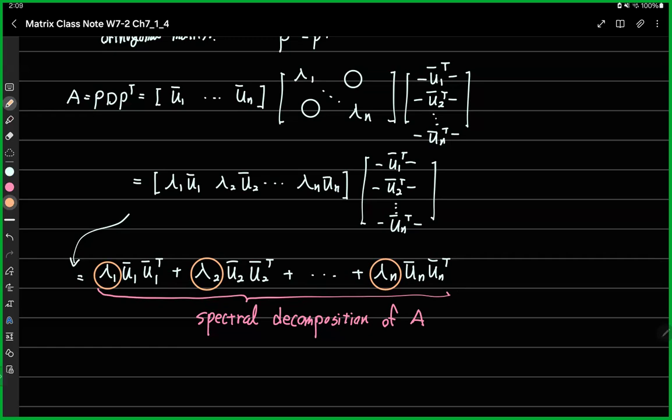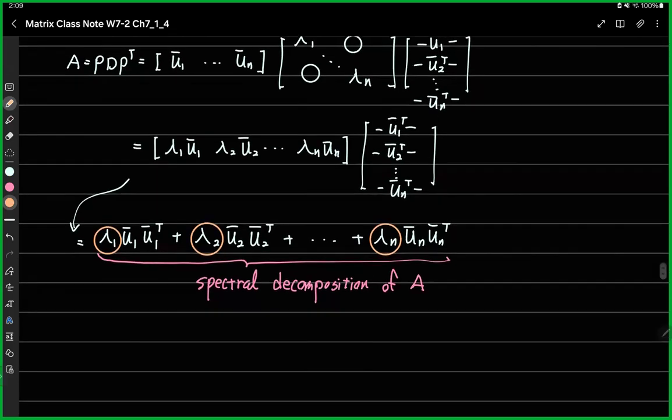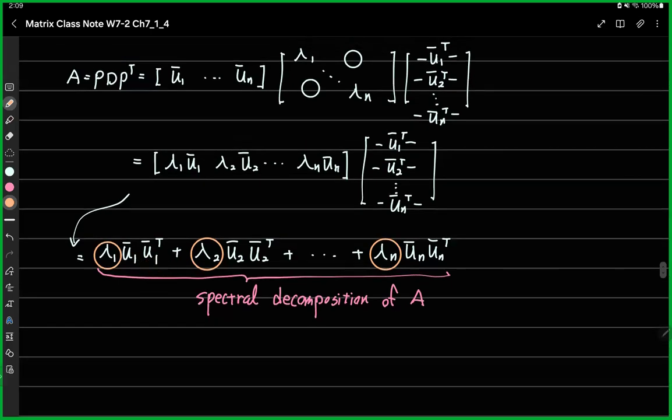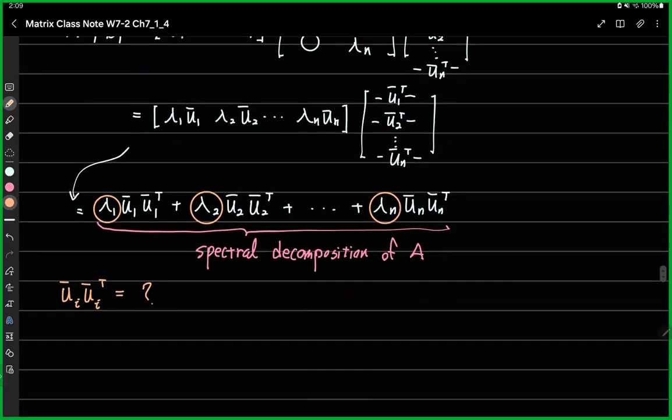That's why this is called the spectral decomposition of A. And then what does UI times UI transpose look like? Aren't you curious about that?